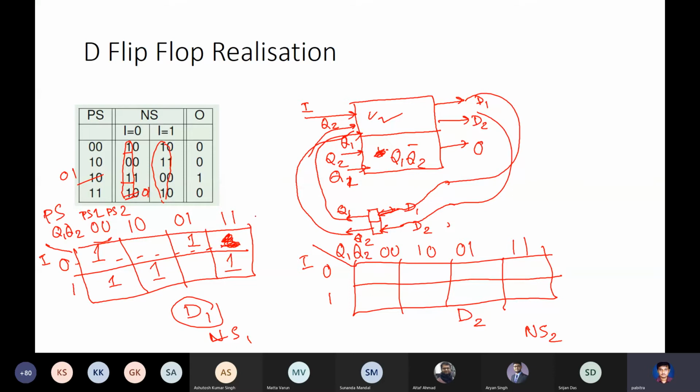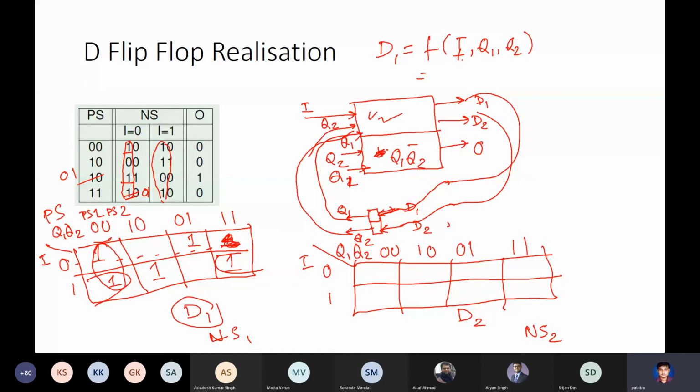Okay. So what is the logic circuit? Maybe the only minimization that I can do, there are two minimizations that I can do, this and this, and this and this. So what is the logic? What is D1 as a function of I, Q1, Q2? Can you quickly tell me?